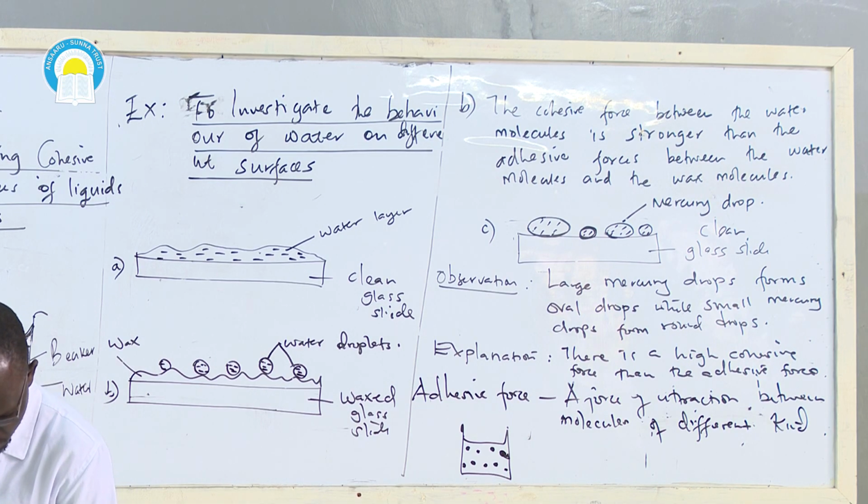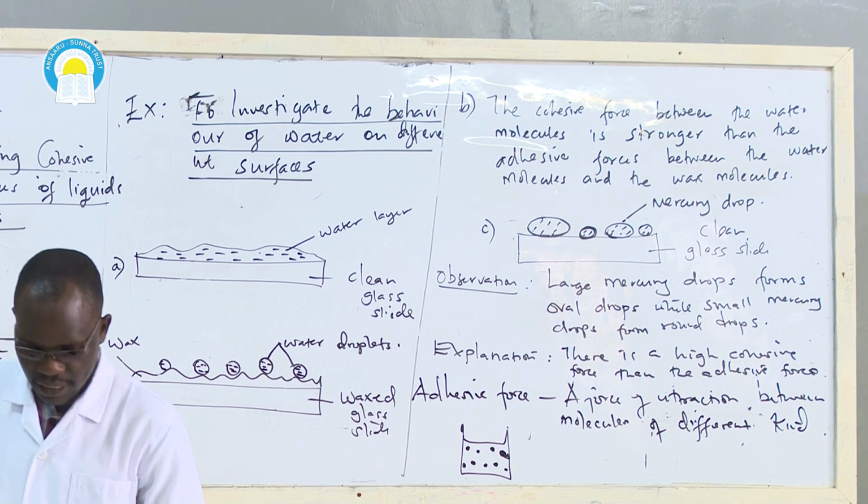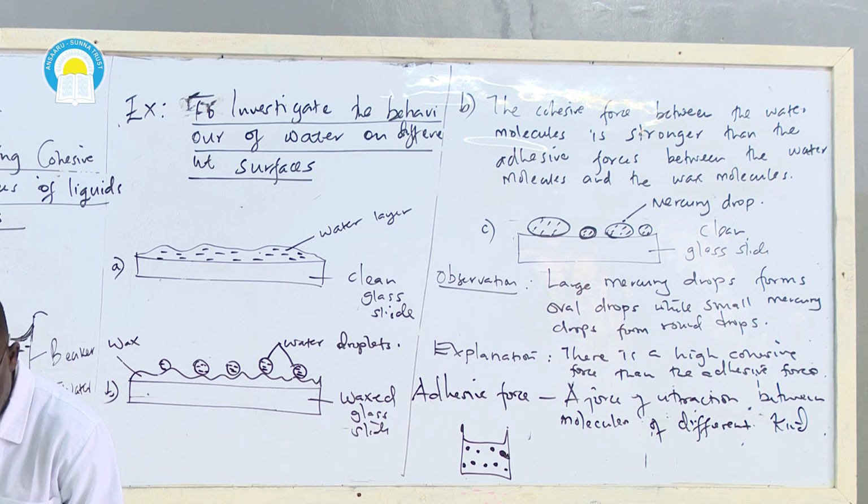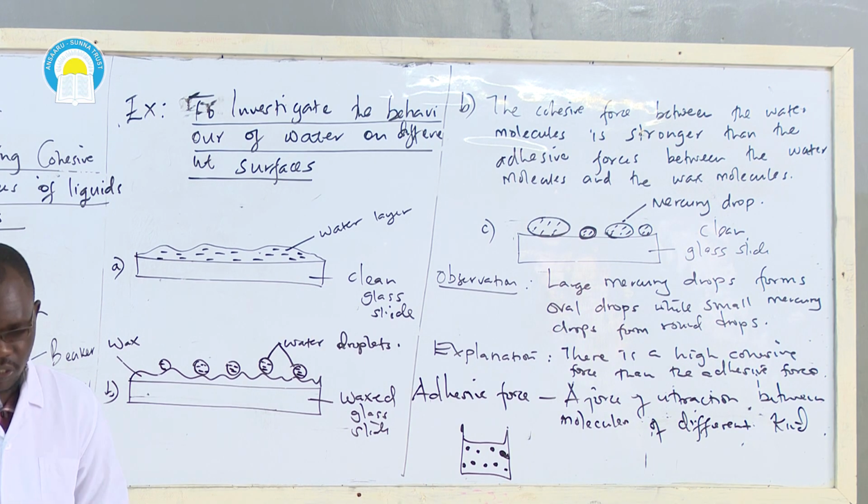Now, that brings us to the end of our fourth type of force, that is cohesive and adhesive force. We shall move to the fourth type of force, that is frictional force.